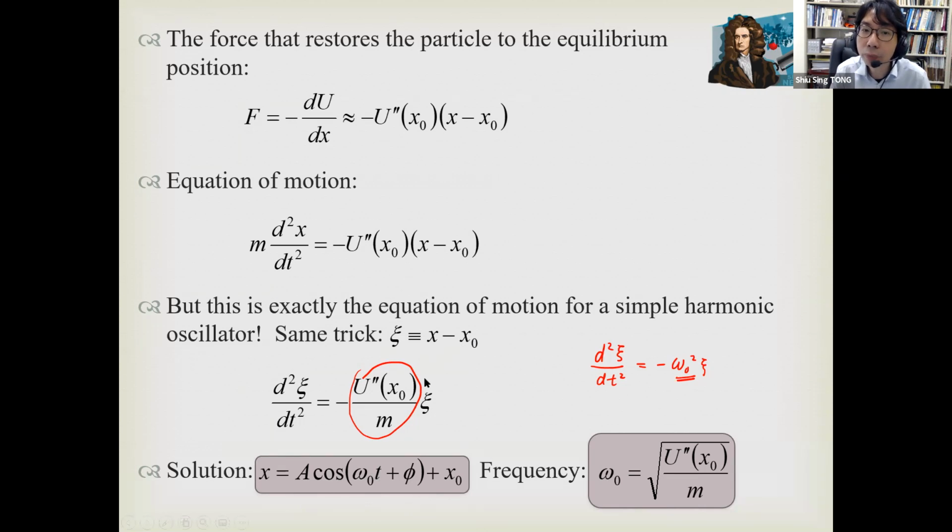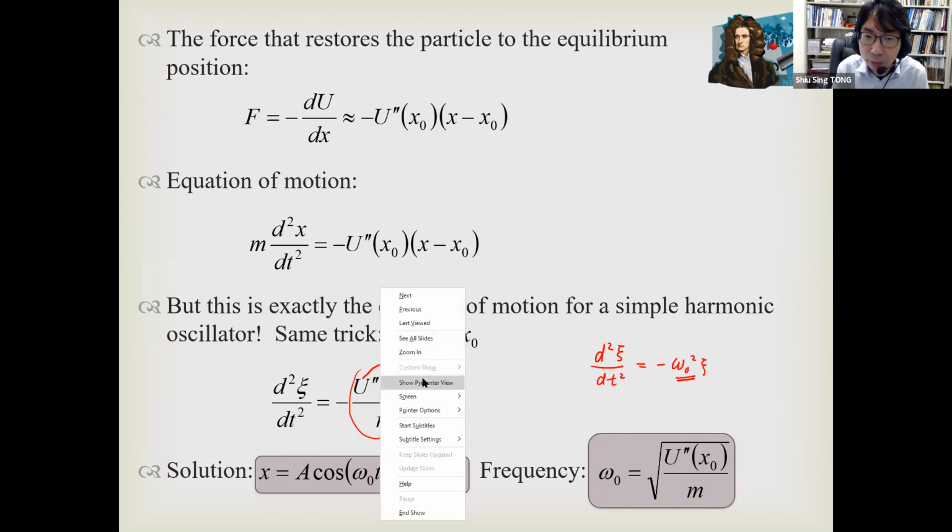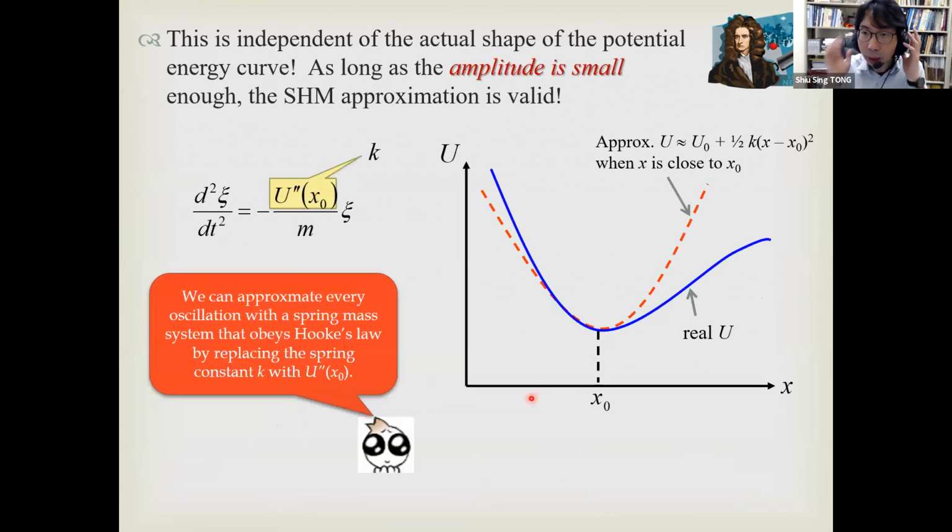Now you may wonder, what have we done actually? We expanded in Taylor series and got a simple harmonic equation of motion, and then got the frequency. So what actually have we done in this process? I can explain it to you simply by using a picture. Now look at the potential energy curve.